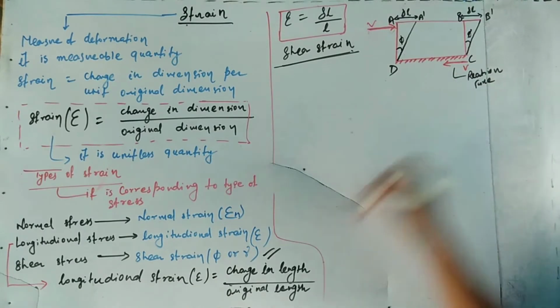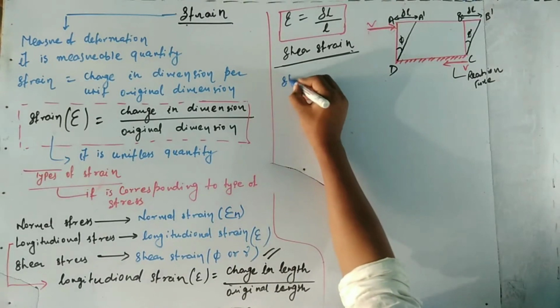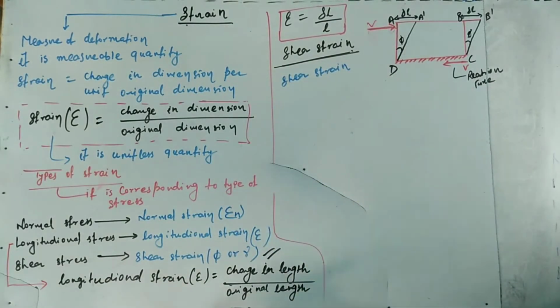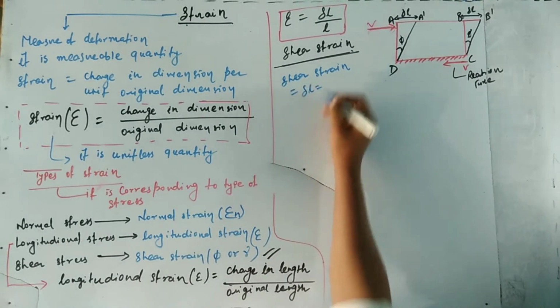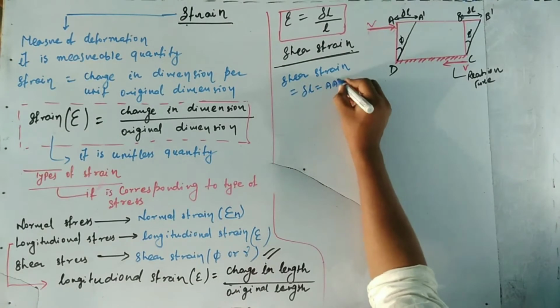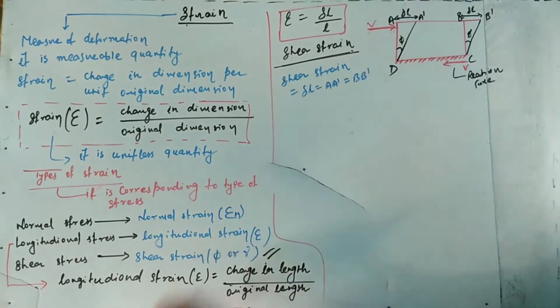This is the reaction force created by the body after applying the force. Therefore shear strain is equal to del L, which is AA dash equals BB dash.